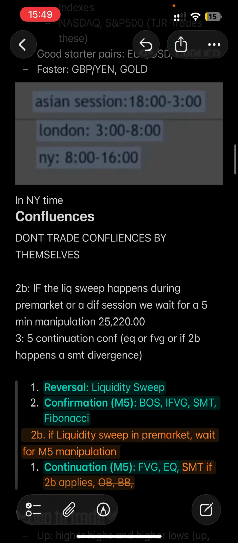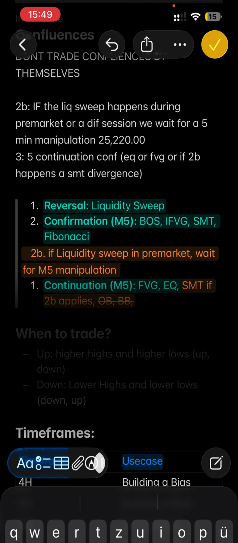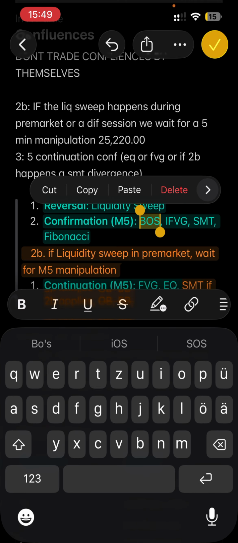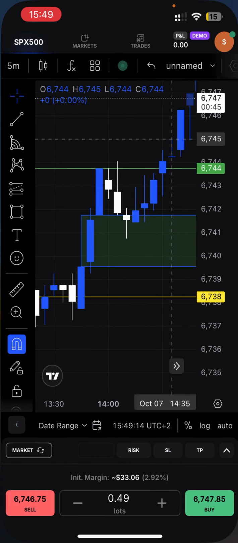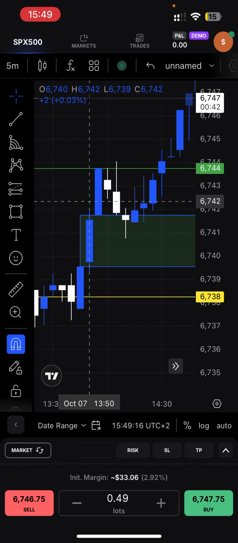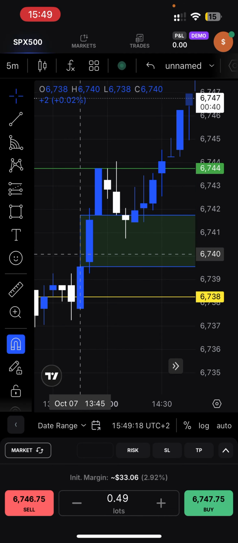Looking right here, a break of structure is the first confirmation confluence that we should look at. Right, okay. So we have one confluence.